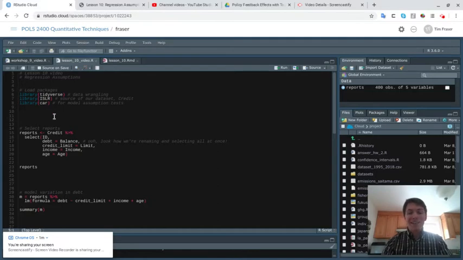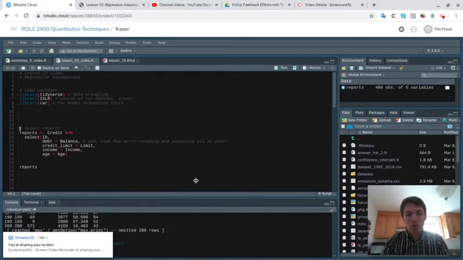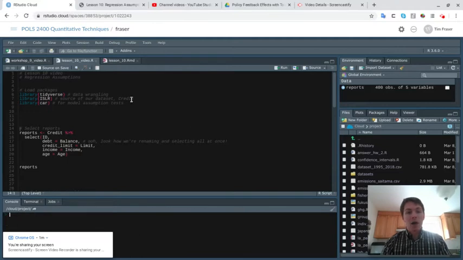We can get this data frame by loading not just the tidyverse package, but also the ISLR library right here, which is a great package that some people use for teaching data science. We also need to load the car package, which is really useful because it has our model assumption tests in it. Okay, so we're going to use the credit data frame, which is stored in ISLR.